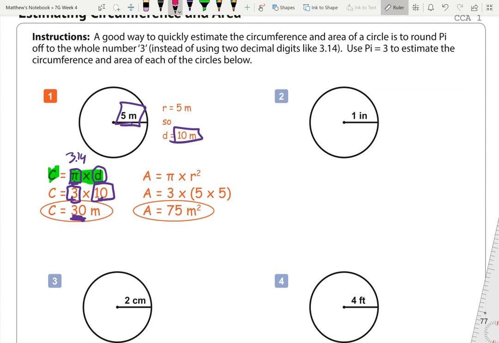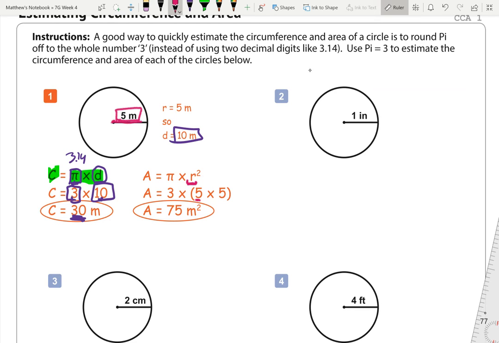And then over here when we're doing the area, so that's everything on the inside of the circle, we're going to have to look at the radius, which is given here. Remember, the radius is the center point extended outwards, touching the surrounding circle line. And so here we have a diameter of 10, which means a radius of 5. And so we put 5 in for r, the radius.